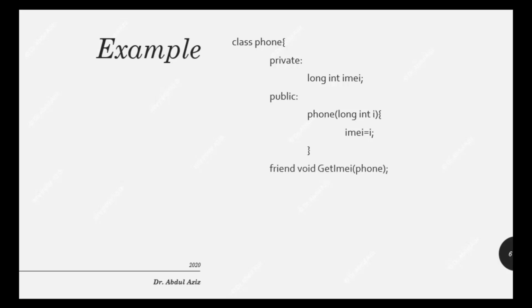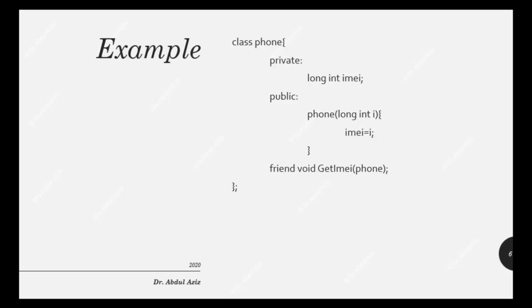Now I'm going to declare a function, getIMEI, and it will accept an object of type phone, and it is basically a friend function for this class, and the class is being closed.